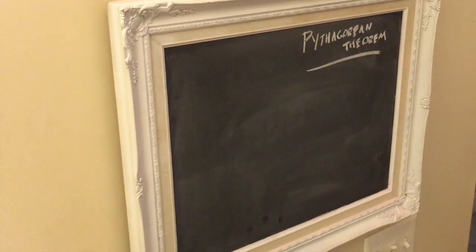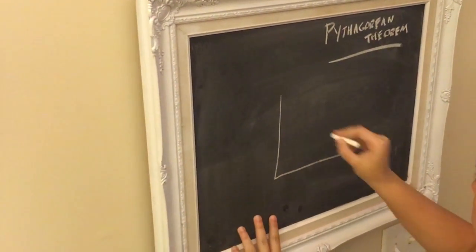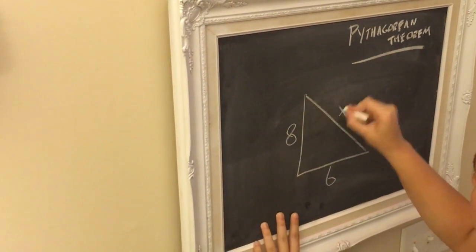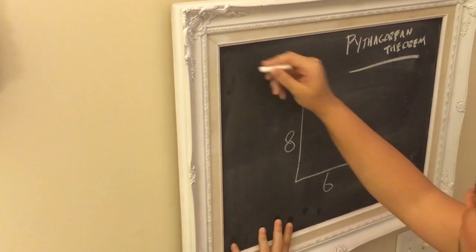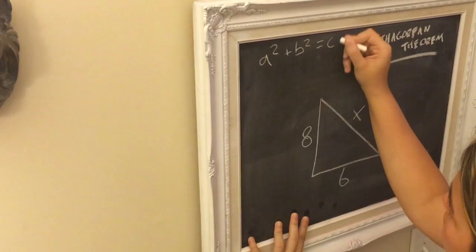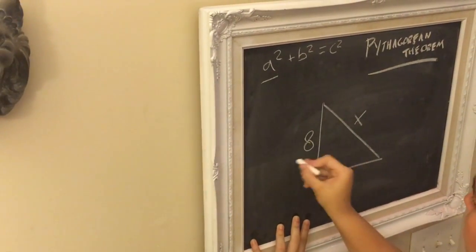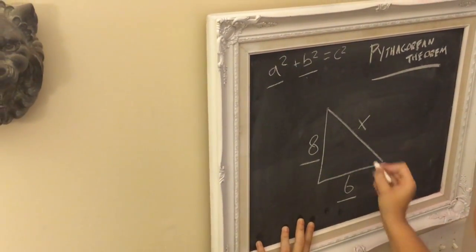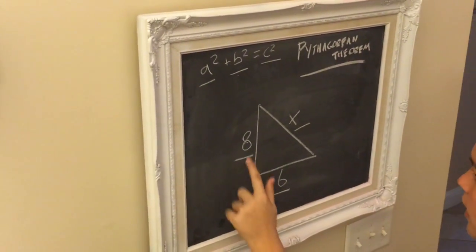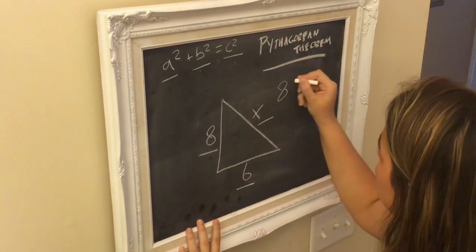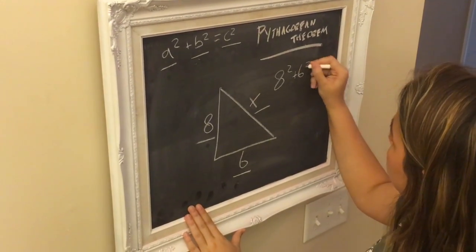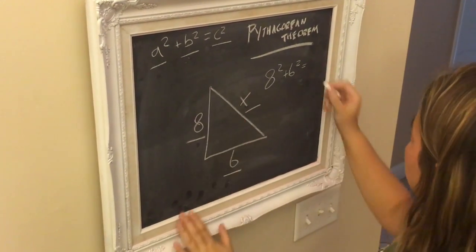You have a triangle with a side length of 8 as well as another side length of 6. Find the hypotenuse. Well, when using the Pythagorean theorem, a squared plus b squared is equal to c squared, where a is a leg, b is a leg, and c is the hypotenuse. Here we're trying to find x, so you can plug in a here, 8 squared, plus b here, 6 squared, equals x squared.